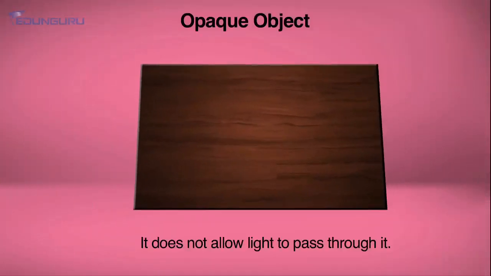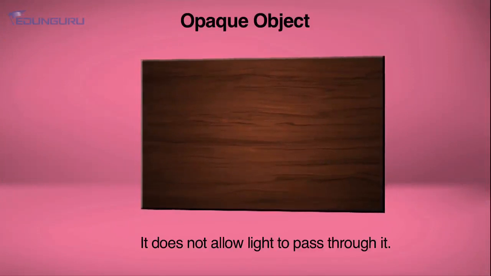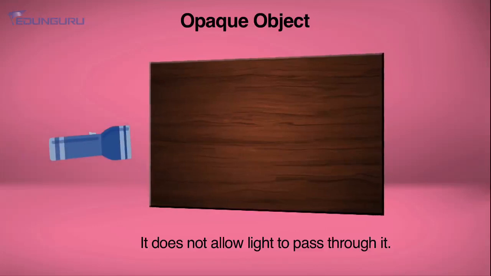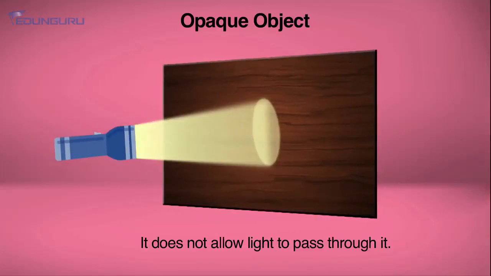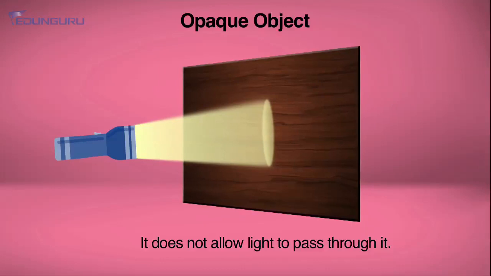Now we have the third category, which is opaque. Opaque objects are those through which we cannot see because they reflect back all the light and not even a single ray of light passes through them, and this is the reason we are not able to see through opaque objects.